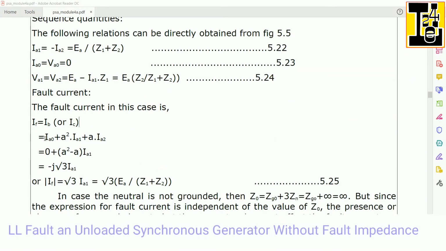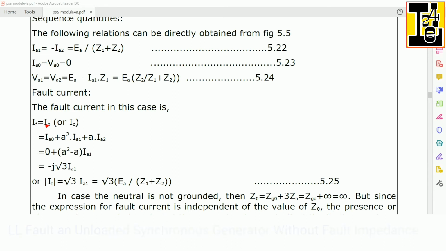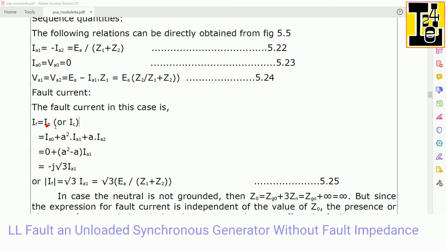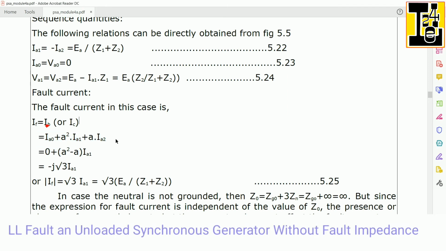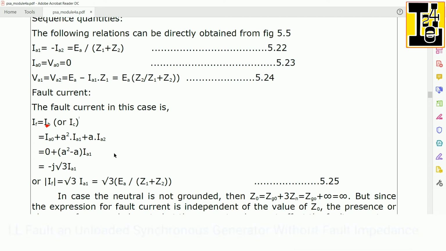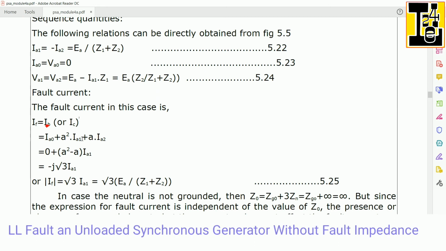So we know the expression for IB in terms of symmetrical components, that is IA0 plus A square IA1 plus A IA2. We have IA0 equal to 0, and IA1 and IA2 are equal but opposite to each other.